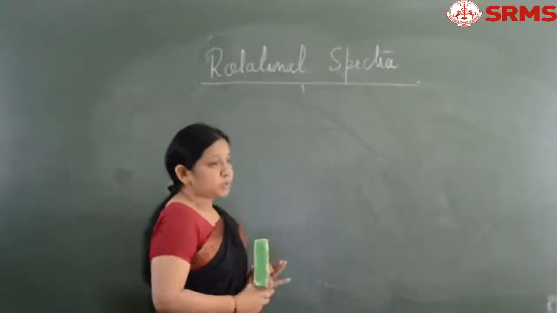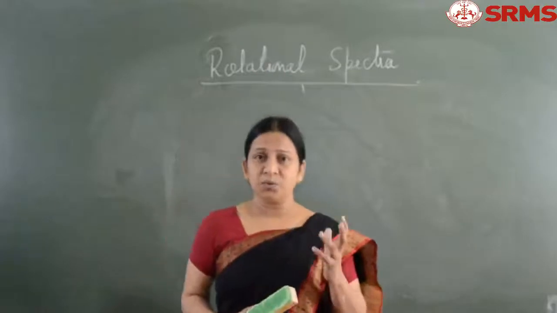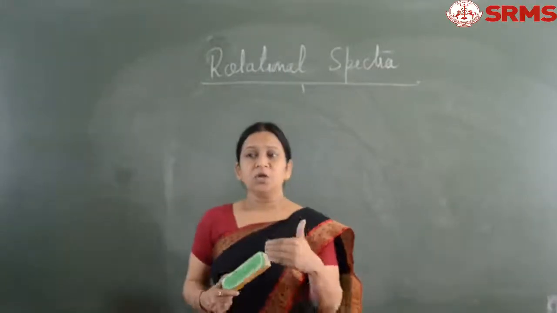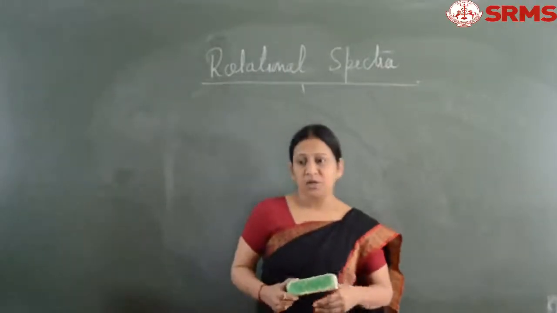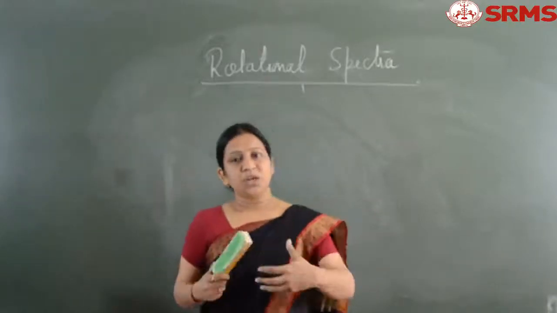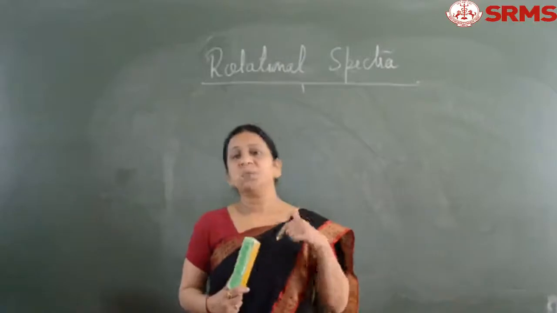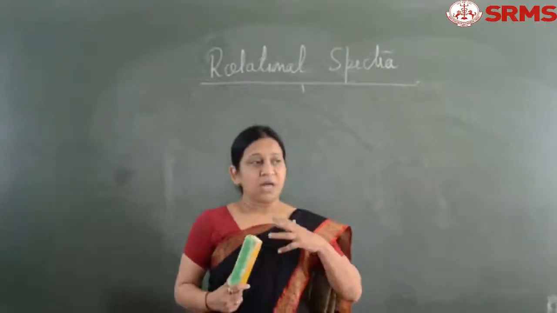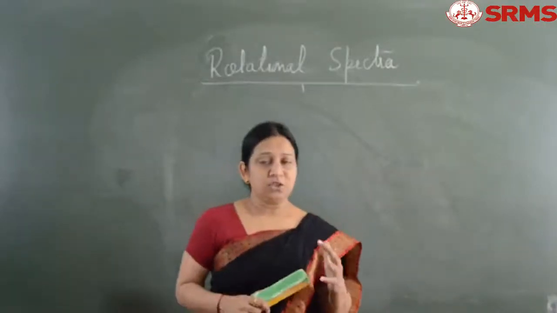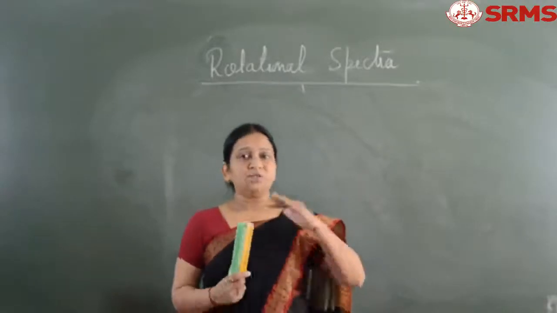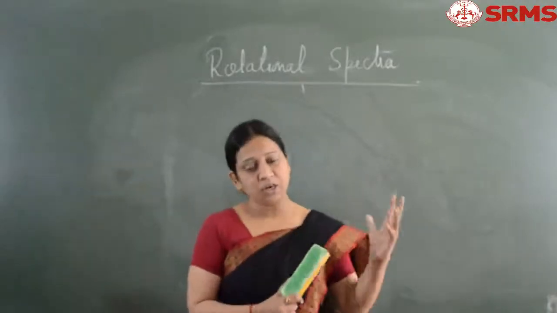Now, rotational spectra. As the word rotational suggests, we are going to talk about rotational energy. By rotational energy we mean the molecule is spinning on its axis. That gives rise to rotational energy, and rotational energy gives rise to rotational energy levels.